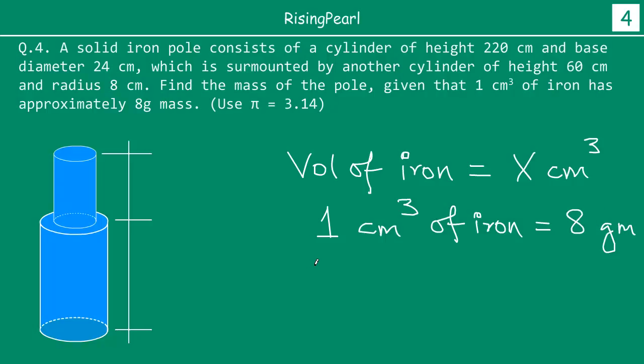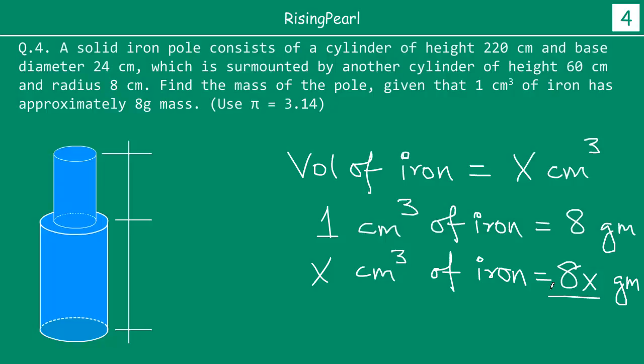So x centimeter cube, and remember that you know the value of x because you would have found that out, of iron will weigh 8 times x gram, and this will be your answer.